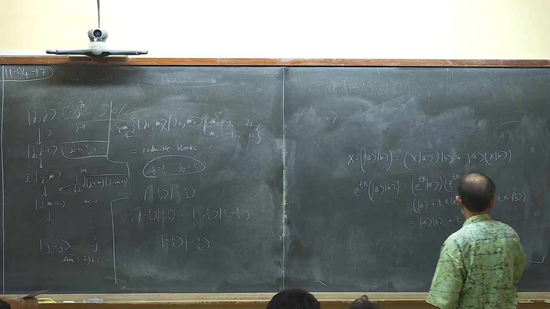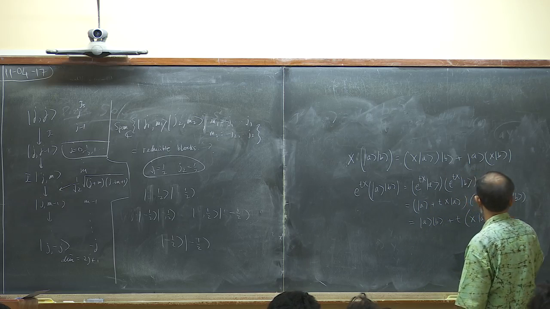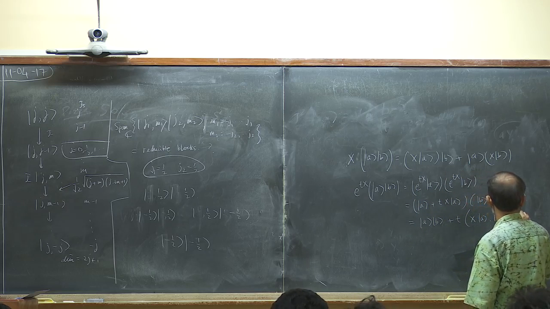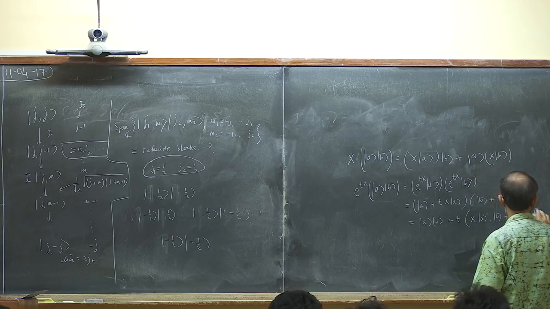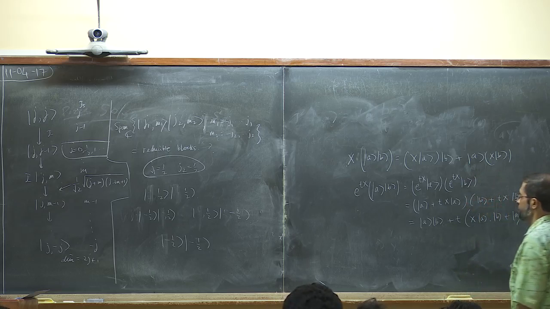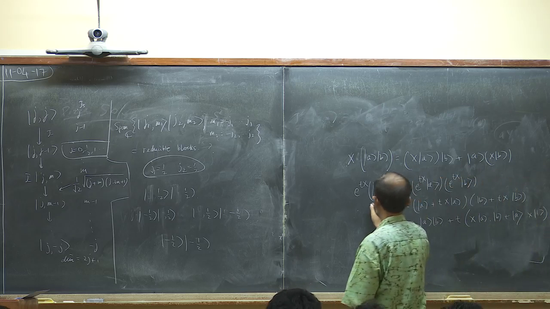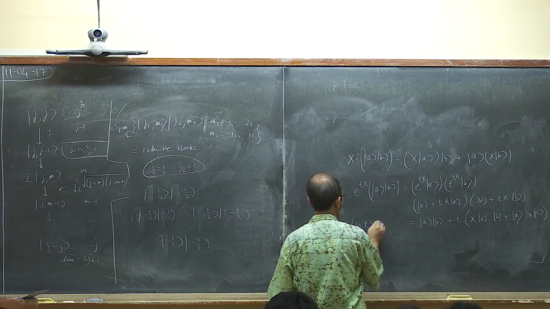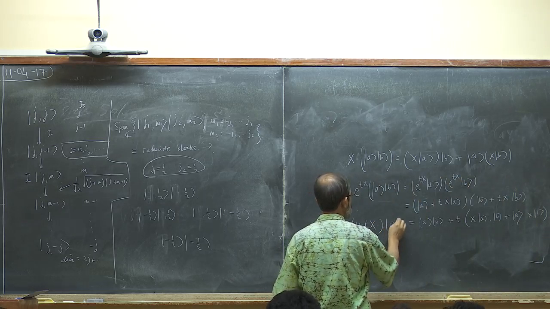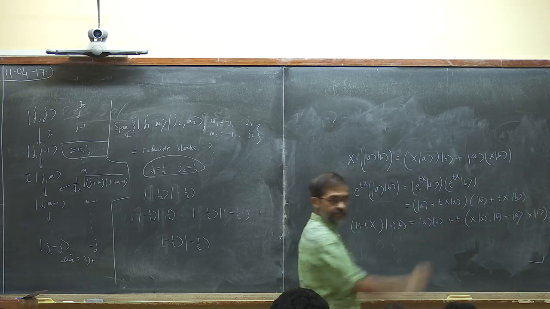You get xA B plus A xB. So what I get is that 1 plus tx acting on AB is this.